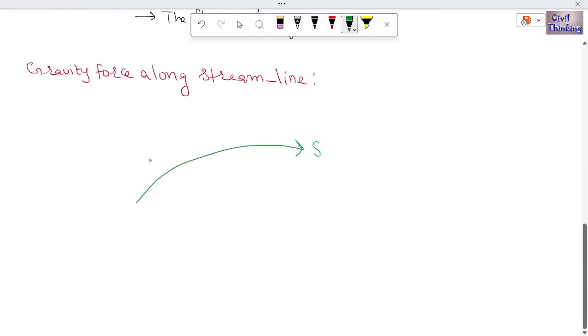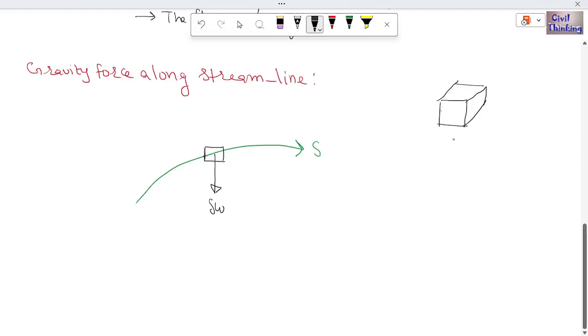Now let us say we have a fluid element here. This is our fluid particle.